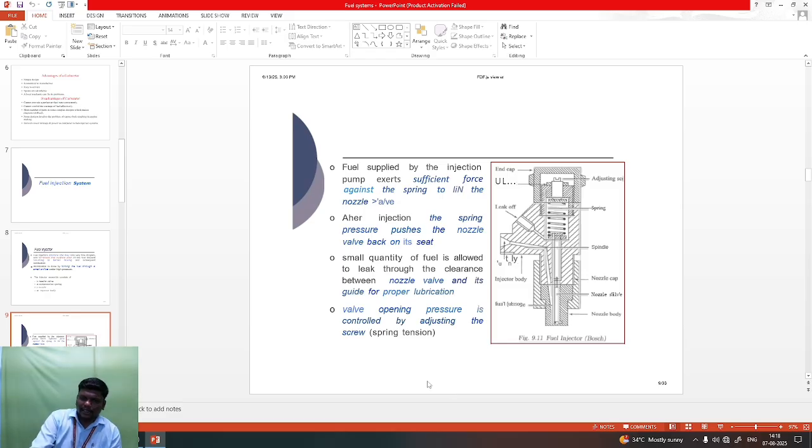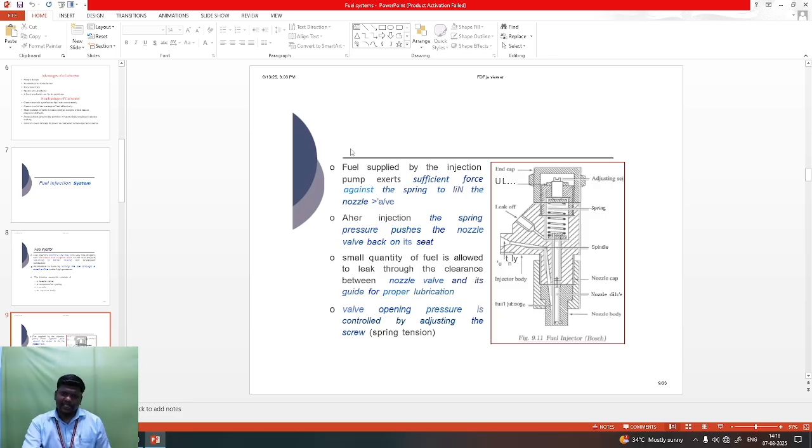Here we can see the diagram: the end cap, adjusting set screw, leak-off passage, springs, spindle, the injector body, the fuel passage, the nozzle seat, nozzle cap, and the nozzle body.